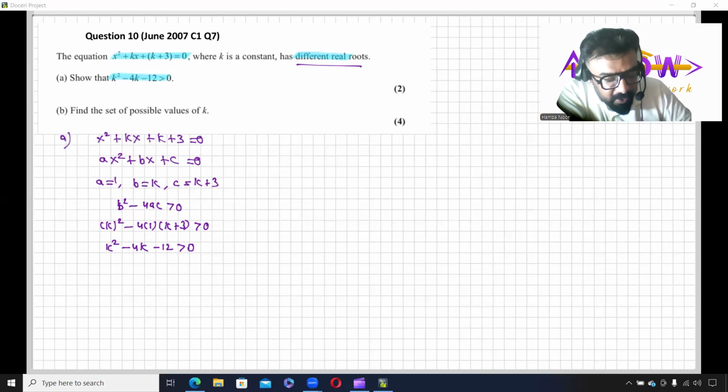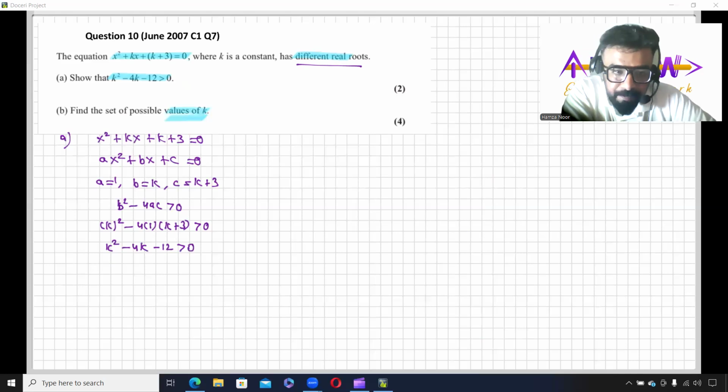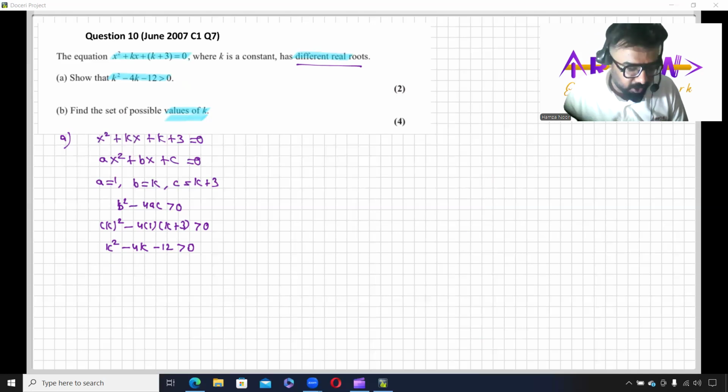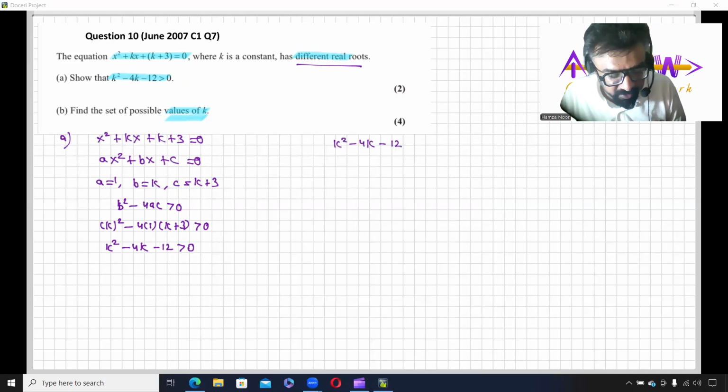Now for part B, it says find the set of possible values of k, meaning you need to solve this quadratic inequality which you have shown in part A. So k squared minus 4k minus 12 is greater than 0. If you want to factorize it, we need 6 times 2, and after subtraction we need to get minus 4 in between.